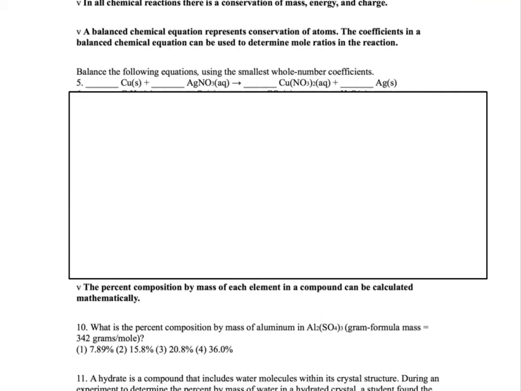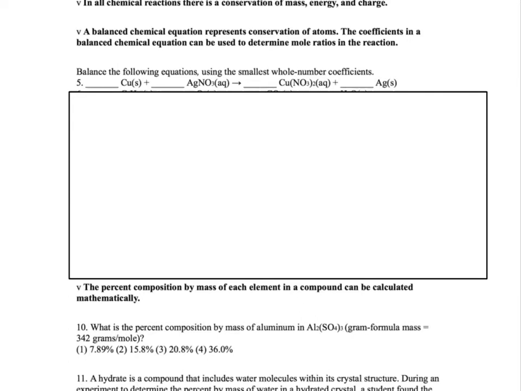For question 5, we were asked to balance the chemical equations to the smallest whole number coefficient. When balancing an equation, the easiest way to do this is to take an audit of the species you have on both sides. So I would like to take my audit directly below the arrow, as it separates the reactants on the left from the products on the right.